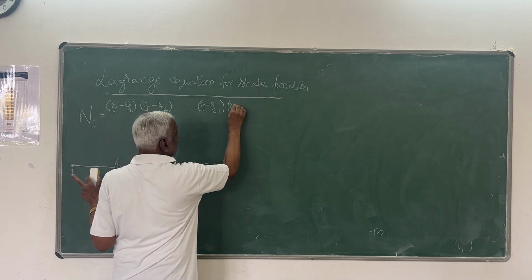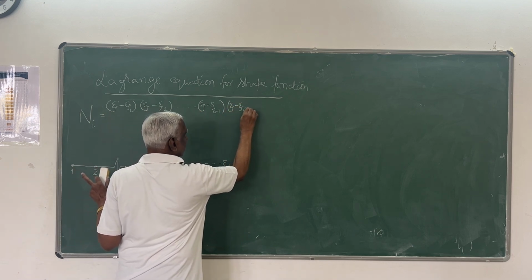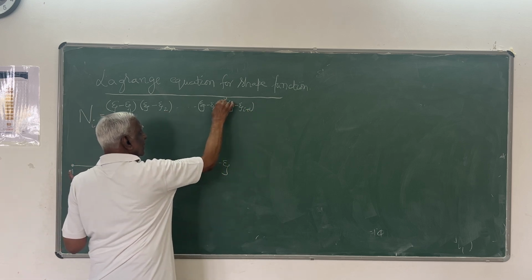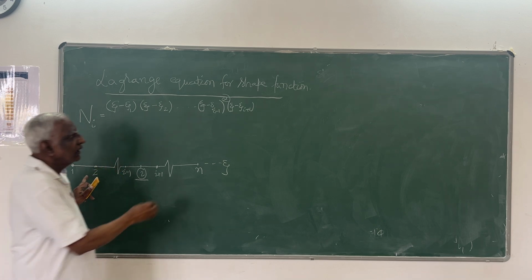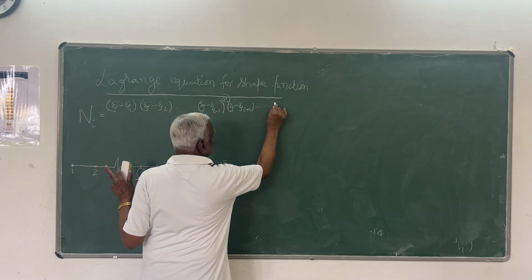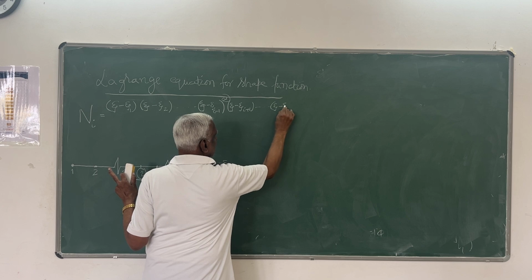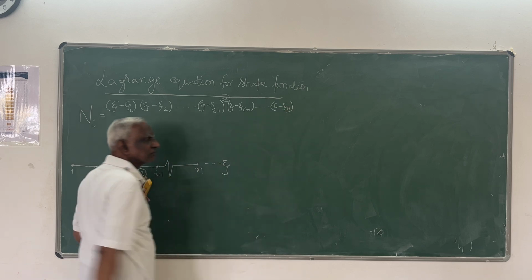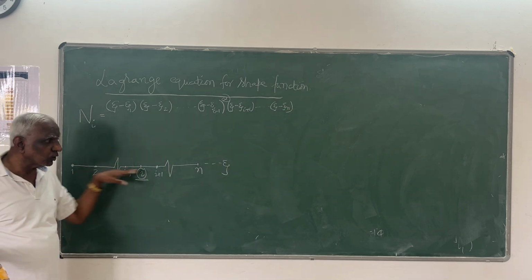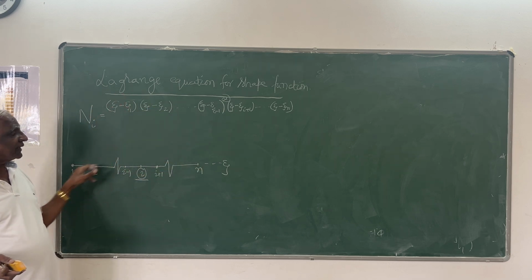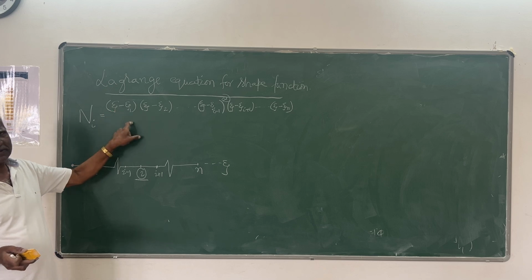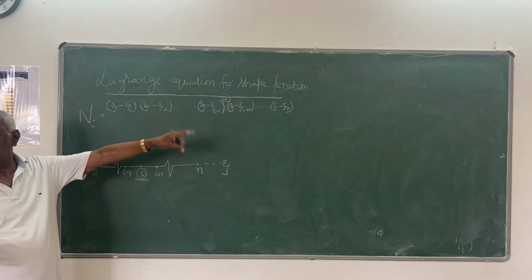The next thing will be psi minus psi (i plus 1). That ith node is missing; you can observe that in the equation. Like that, up to psi minus psi n. If it is the global coordinate, then we take x: x minus x1, x minus x2, like that.